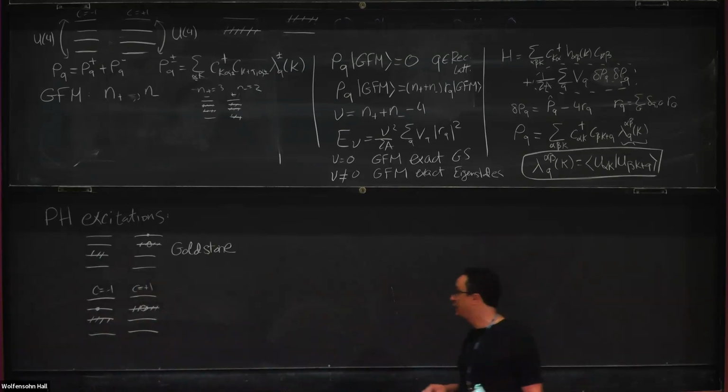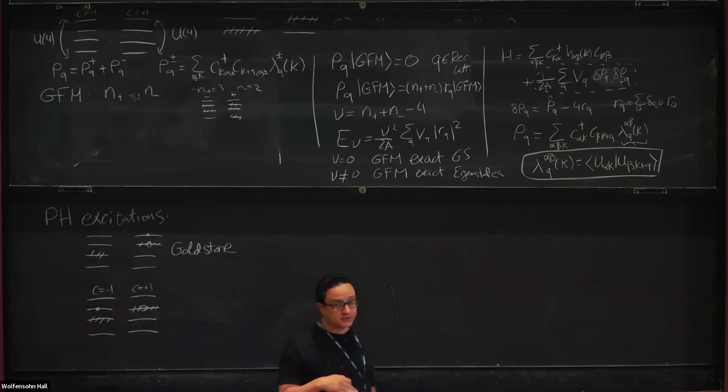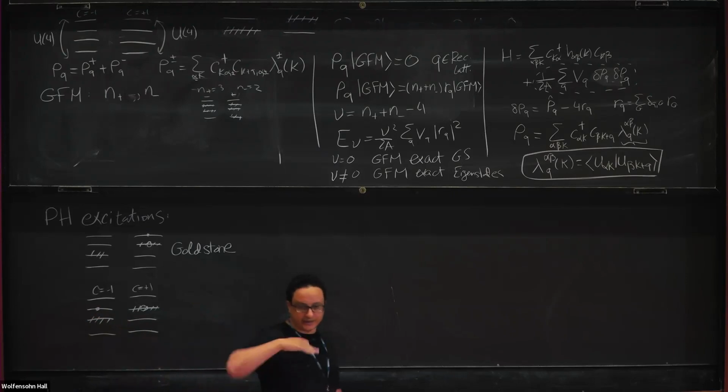Let's say I do a particle-hole transformation in only half of the system, so I do it in only this sector. Under a particle-hole transformation, the Chern number flips, and this particle will become a hole. So this excitation would look like a Cooper pair in a background Chern band.